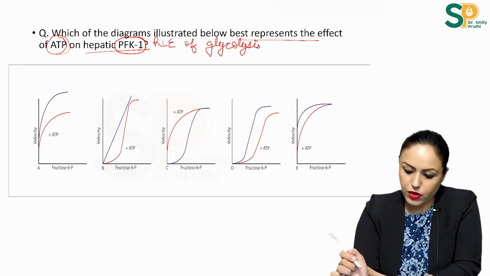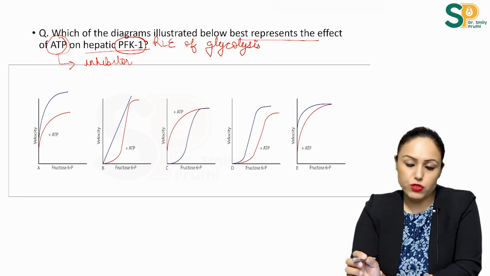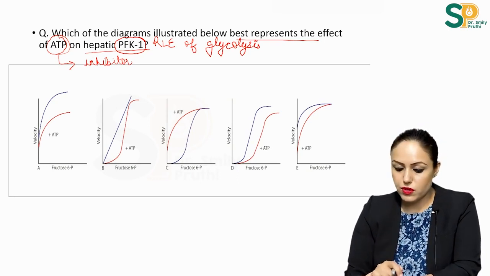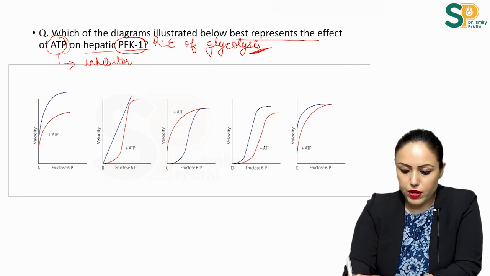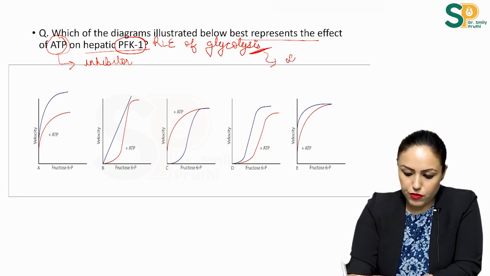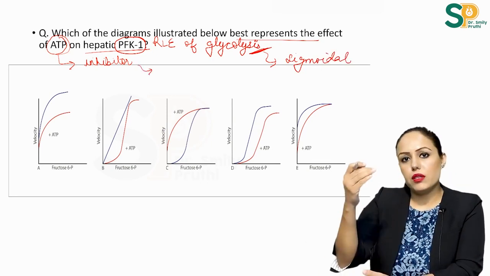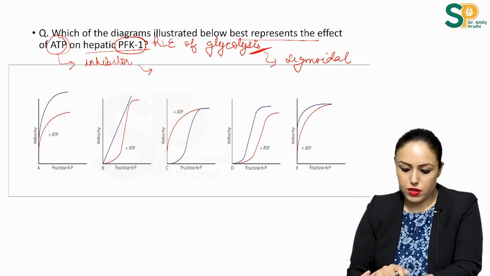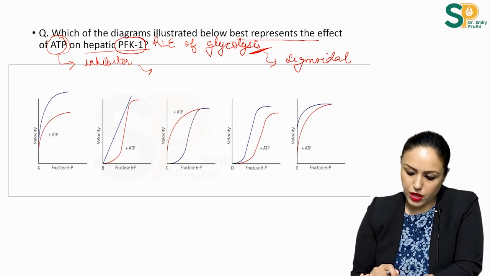ATP is the inhibitor of this regulatory enzyme of glycolysis. I told you, for rate limiting or regulatory enzymes, the graph shape is sigmoidal, and the inhibitor will bring the graph towards the downside.